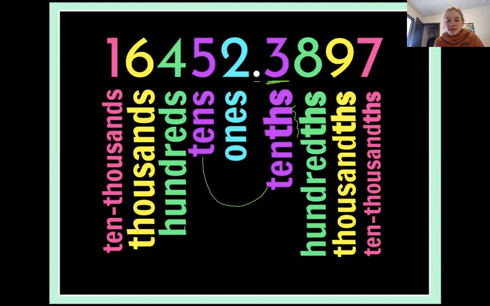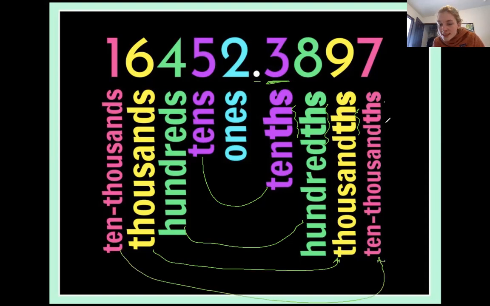Then we have hundreds and hundredths, thousands and thousandths, 10,000s and 10,000ths. We just add that little TH in there, and that's it. Yes, this can keep getting smaller and smaller and smaller, but this is all we're going to focus on today. We really don't go any further than this in the real world anyway.